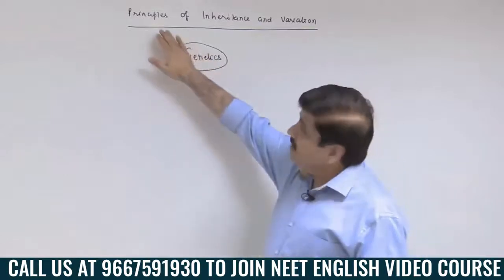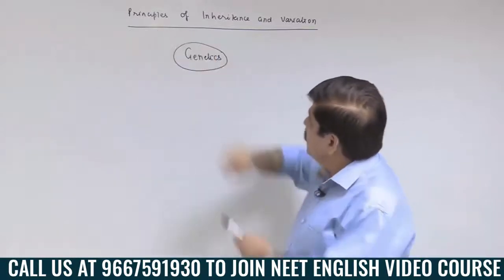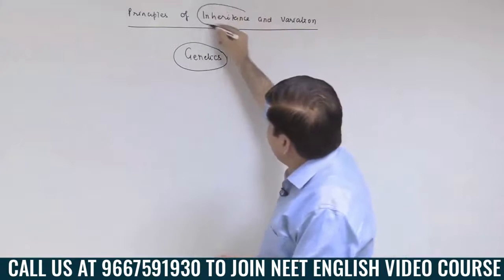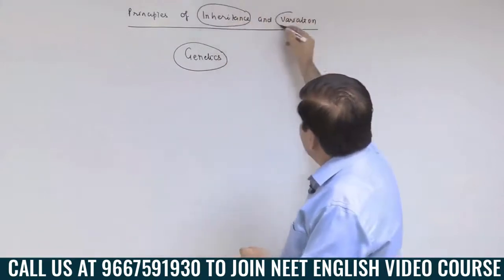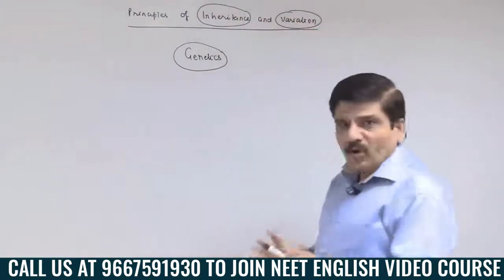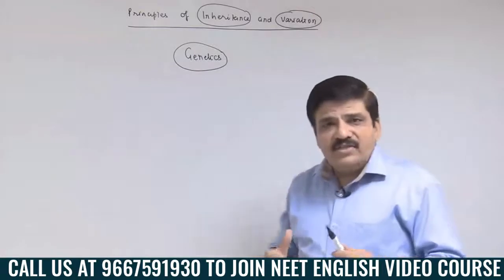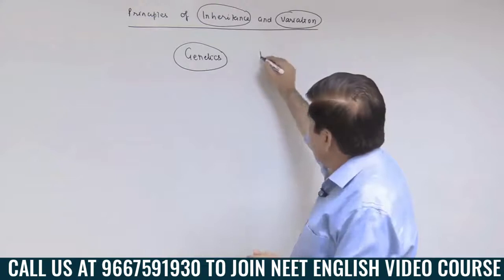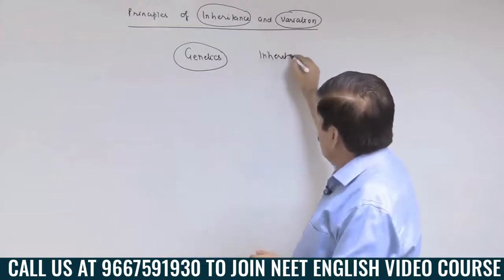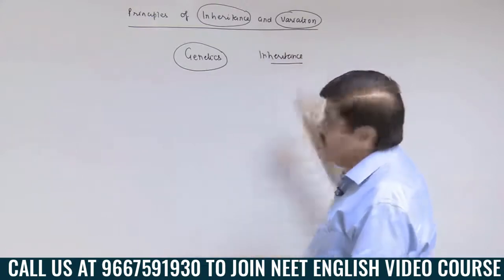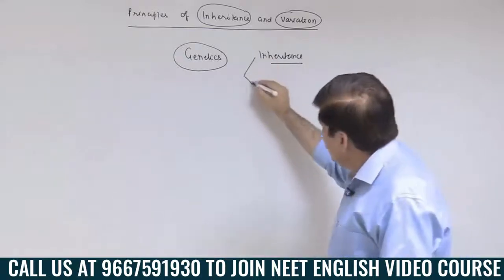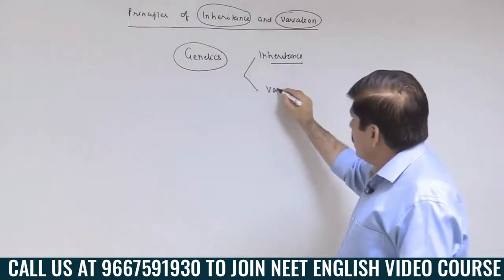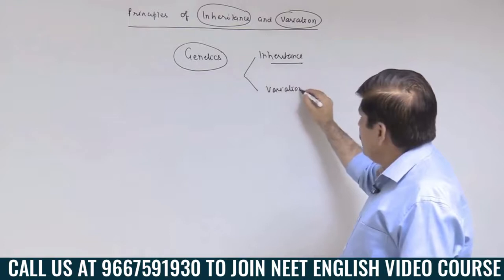It says principles of, and there are two key words, one is inheritance and the other word is variation. So broadly speaking, genetics is the study of two things. One is called inheritance. So we are studying what exactly inheritance is, and then we will understand the causes of variations.